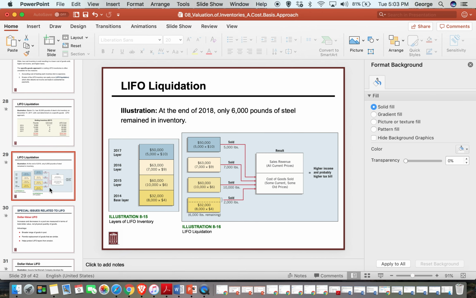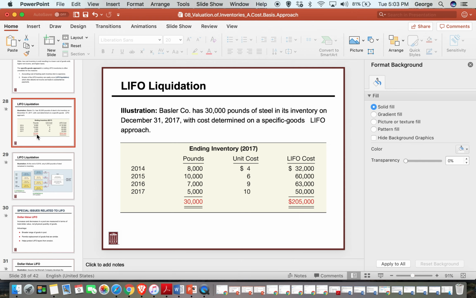But at the end of 2018, only 6,000 pounds of steel remain in inventory. So I've liquidated all my inventory levels back to 2014.